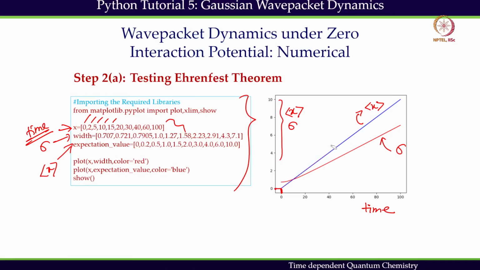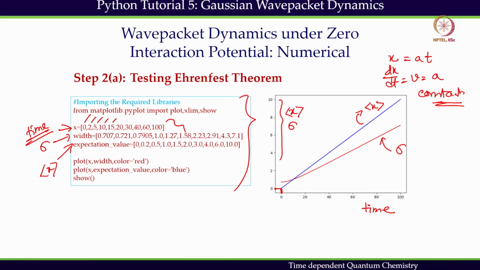This is something we should note. If x is linear with respect to time, let's say some kind of at, then dx/dt, representing the velocity, is going to be constant, and that should happen because it's a free particle.